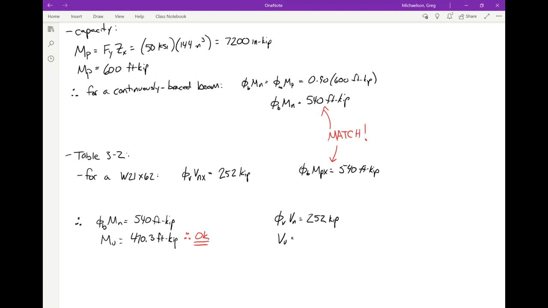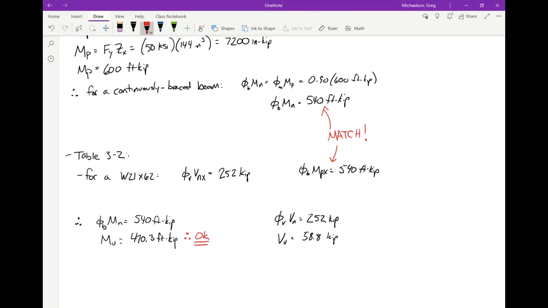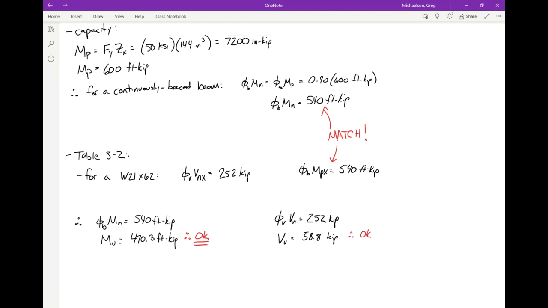I forget. 58.8. So not only is that good, but that's really good. I mean, look at those numbers. It can hold up 250 kips and it's only being subjected to 60. That happens with shear. So don't freak out. Shear does that.